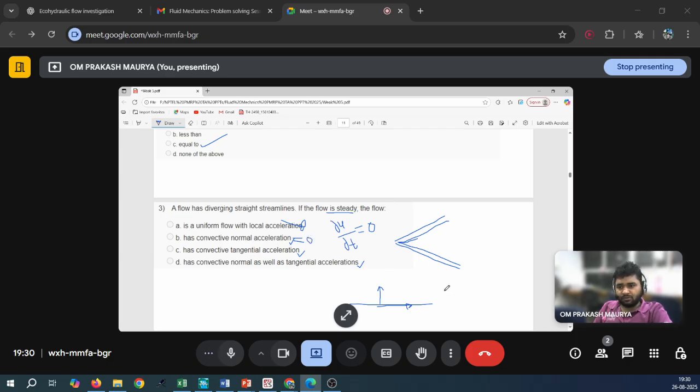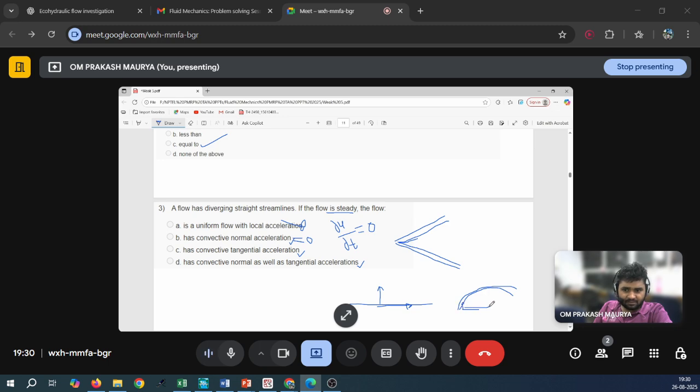If the streamline is like that, with curvature, then as you can see, the fluid is moving in the tangential direction, that is the x direction, and also in the y direction, that is the normal, because the fluid is moving from here to here.